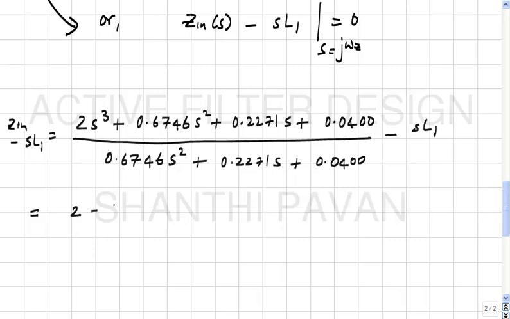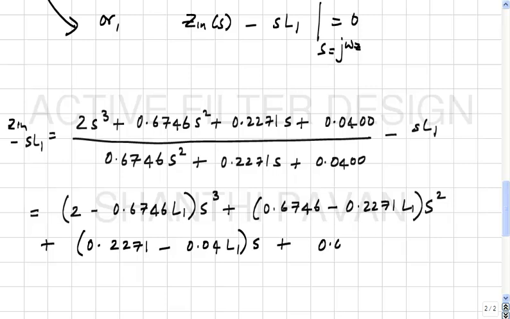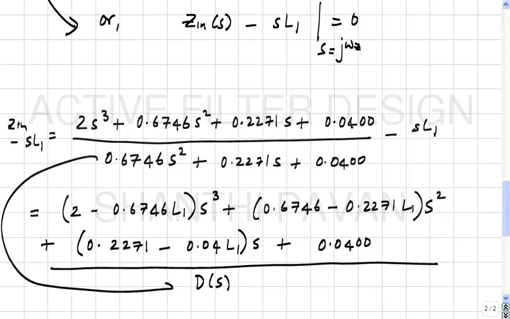This is 2 minus 0.6746 L1 times S cube, correct, plus 0.6746 S minus 0.2271 L1 times S square plus 0.2271 minus 0.04 L1 into S plus 0.0400 divided by whatever d there is. Let me just call this d1.